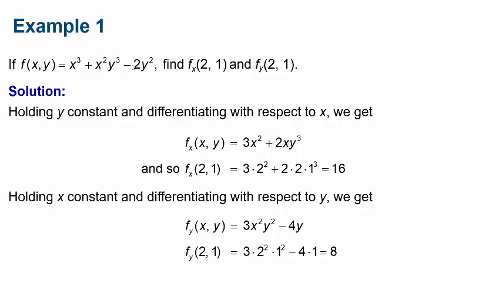Now when you get to the term minus 2y squared, you're treating it as a constant. So what's the derivative of a constant? It's 0. So this is the partial derivative of this function with respect to the x variable. Now to evaluate this, just plug in 2, 1. Plug in the 2 for the x, 1 for the y, and you get 16.